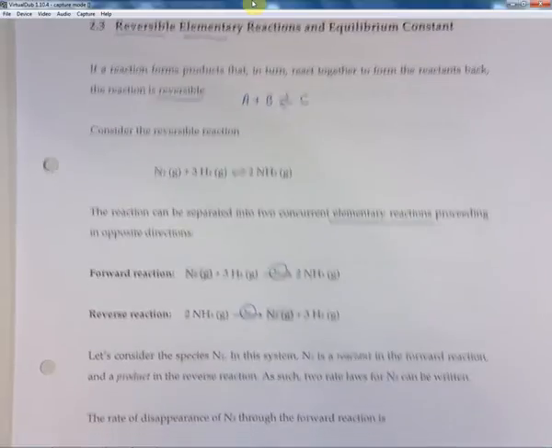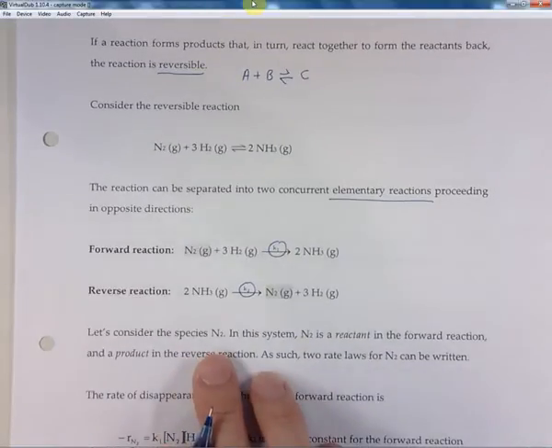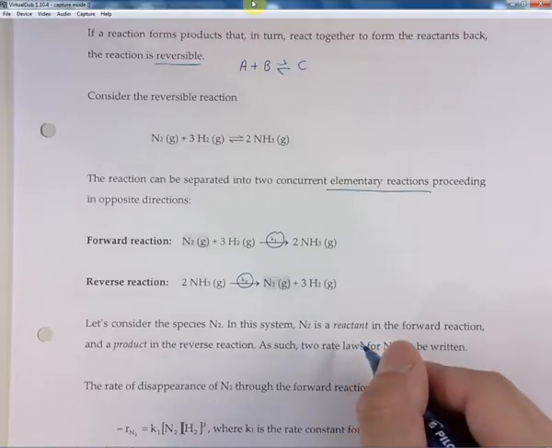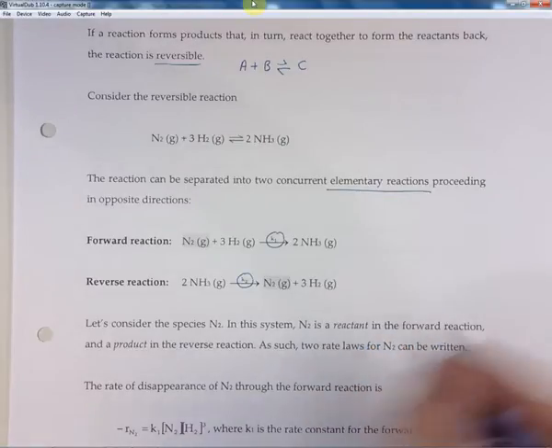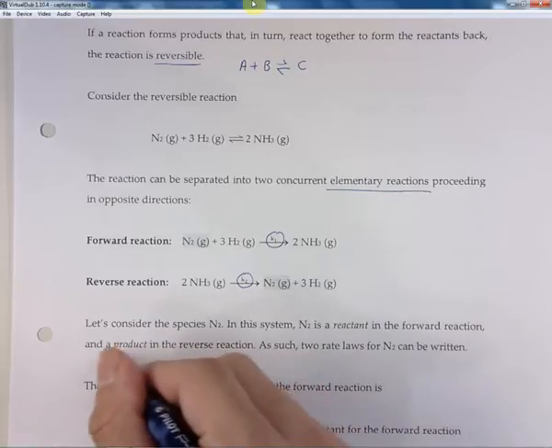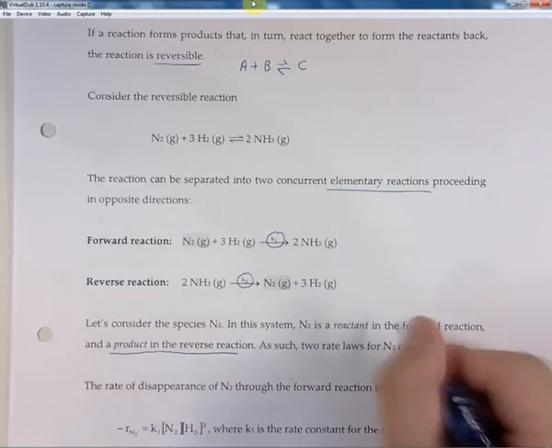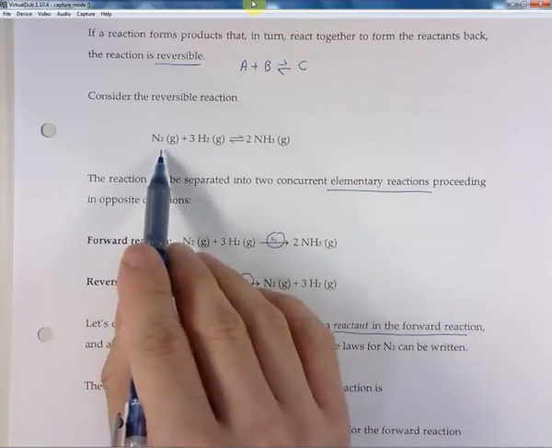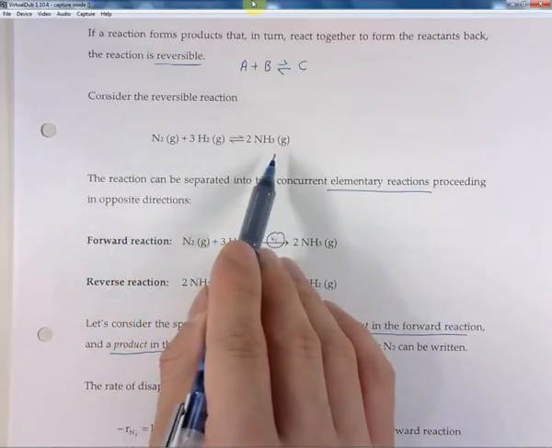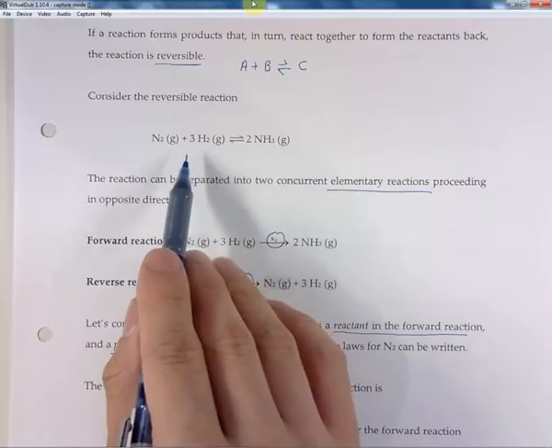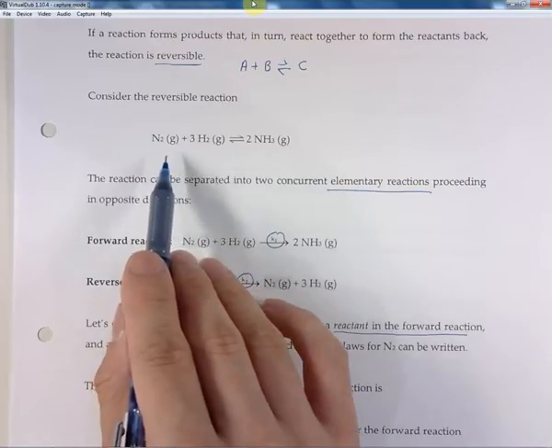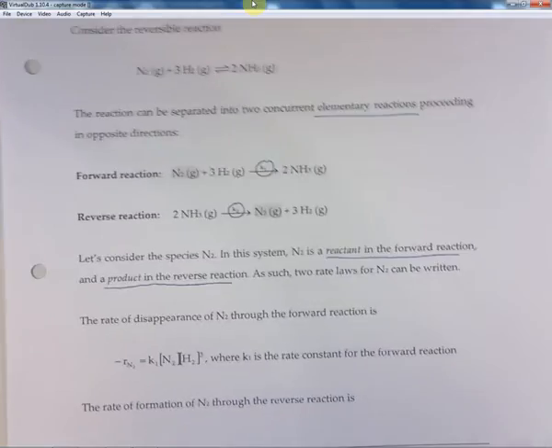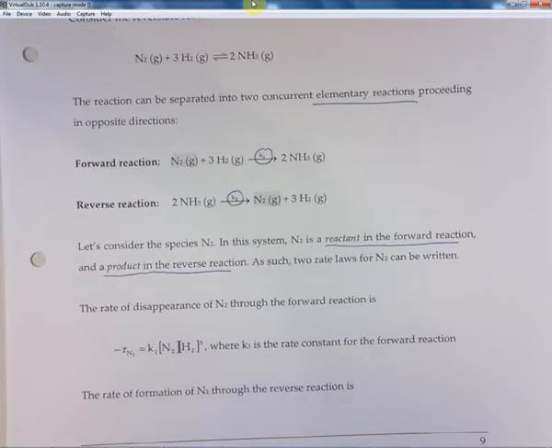Look at N2 here. N2 is a reactant in the forward reaction, but it's a product in the reverse reaction. So the rate of disappearance of N2 through the forward reaction is this.